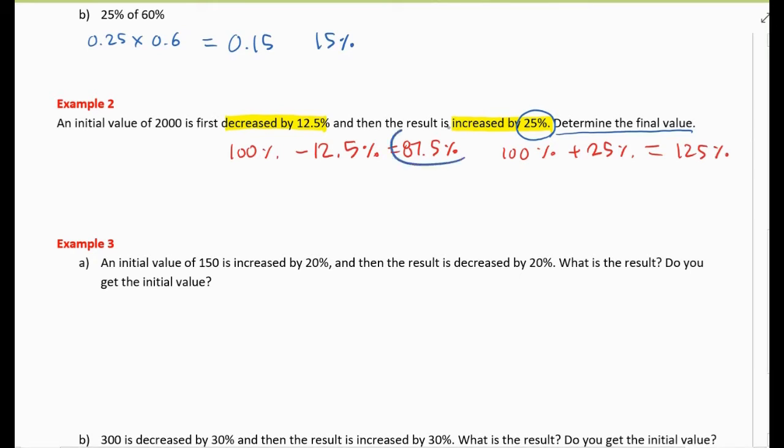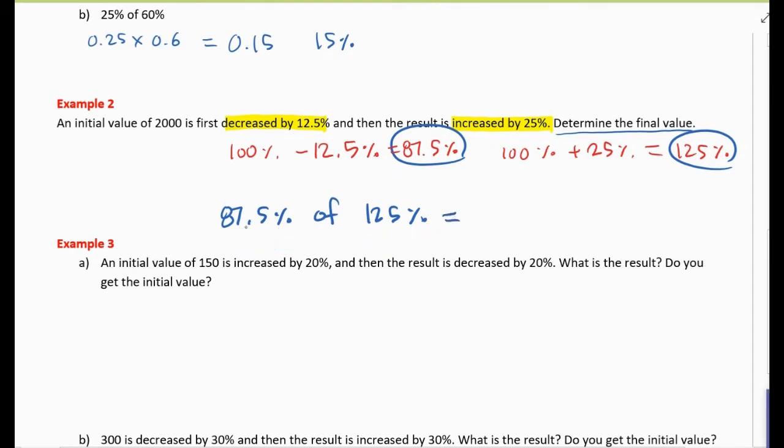Remember those two numbers before you solve the problem. So what you're going to find is 87.5% of 125% of 2,000. Let's find this number first.